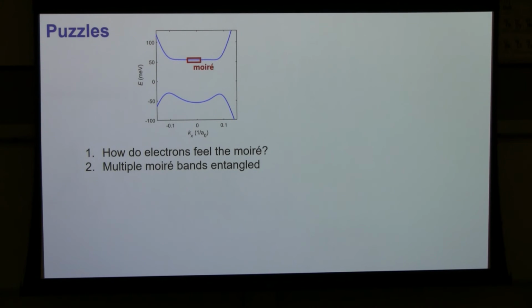Second, even if you think there is a way these electrons feel the weak Moiré potential, if you put the size of the Moiré mini-Brillouin zone on the map, you find that this flat part of the band is really, really big. Even if you fold them into the mini-Brillouin zone, you don't get isolated Landau levels. You get several mini Moiré bands that are all entangled in the same energy range, and that just doesn't look like Landau levels.